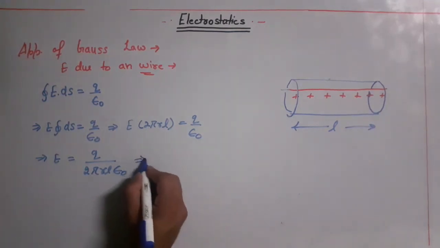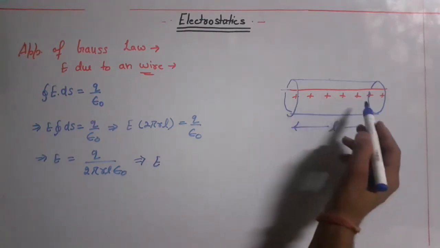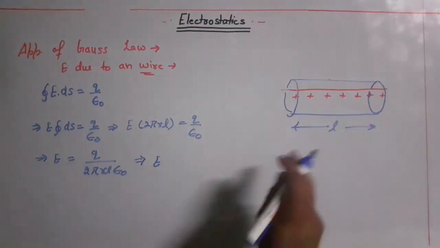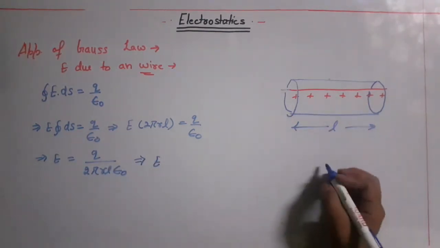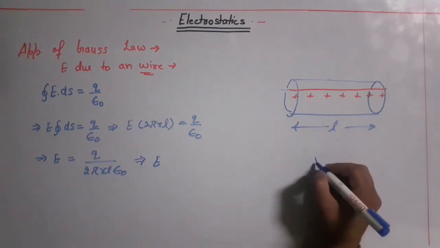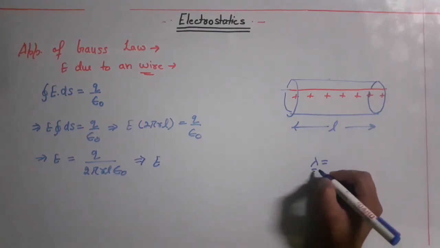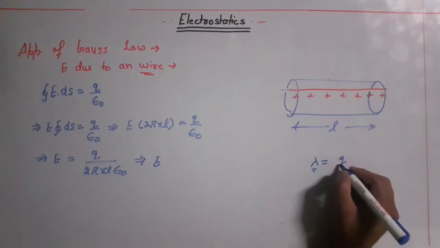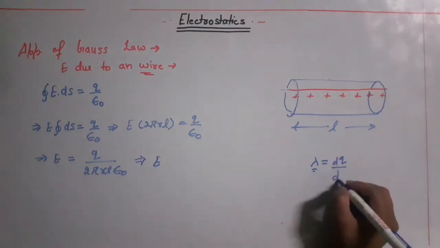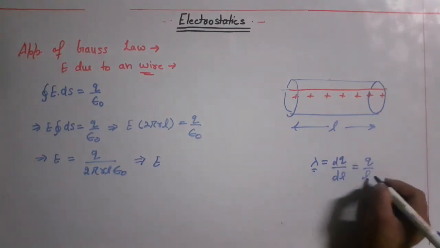We can further simplify it. Why? Because we have charge density, not charge. So let's convert this charge into charge density. We have a wire, so the charge density will be the linear charge density, which is equal to dq by dl, or we can say q by l.